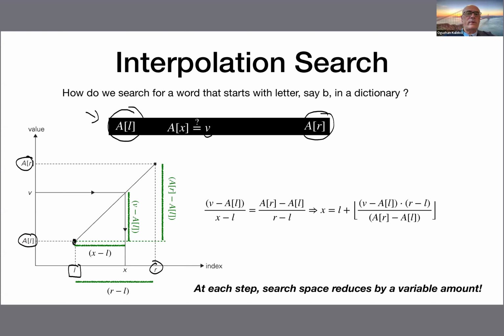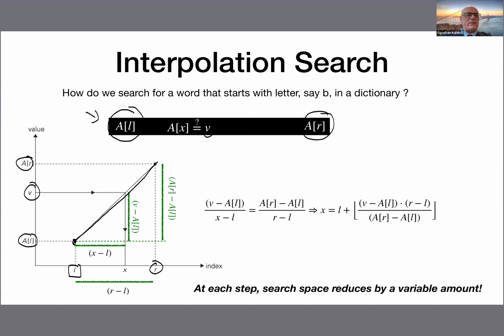I'm looking for V. V is somewhere here, okay? And I will assume that the keys, the elements in the array, are just a linear line. I know this is not always true, but I would like to just try to come close, okay?